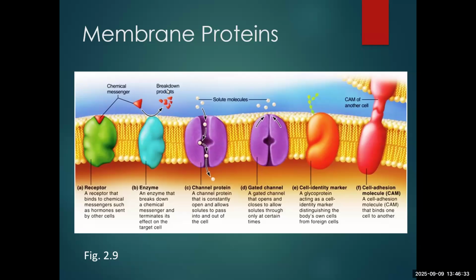So the example is that if there is a stimulus to a neuron, it will produce an electrical signal that opens the channels for sodium, and sodium will rush in. And that produces a wave of electrical activity that enables you to do whatever you're doing.